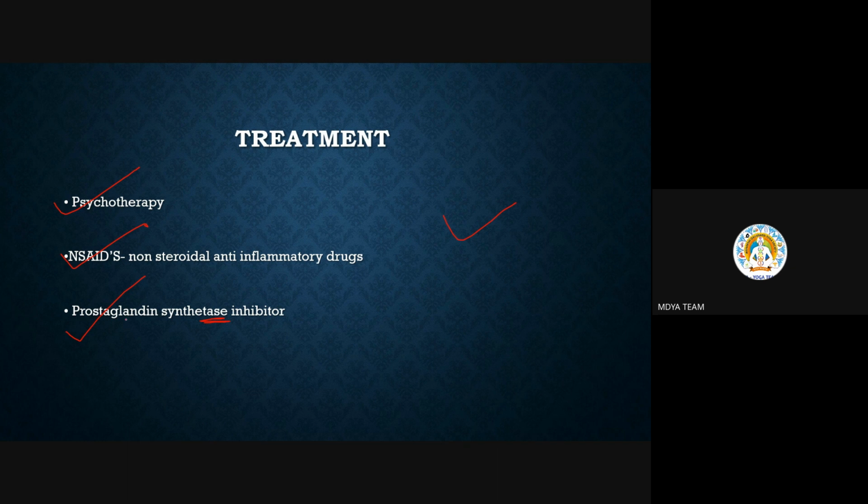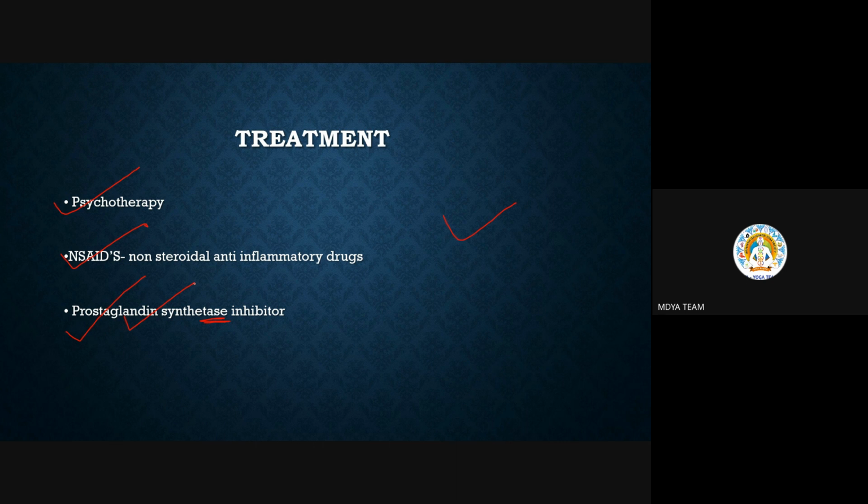Prostaglandin synthesis inhibitor means inhibiting the release of prostaglandin. Due to prostaglandin, contraction happens and blood sheds off. In normal cycles also, if blood is not shedding off properly, you could have the pain, for half a day or one day.